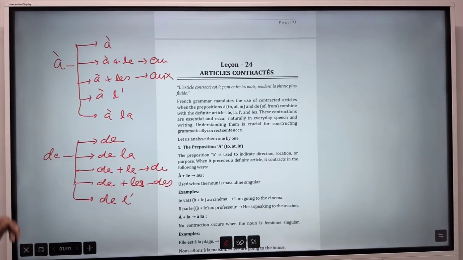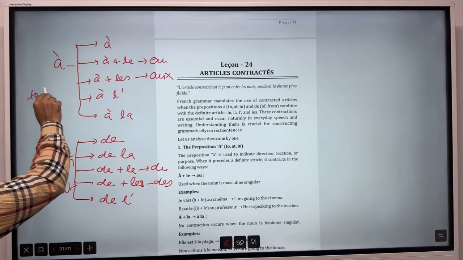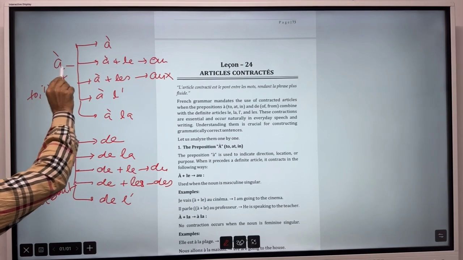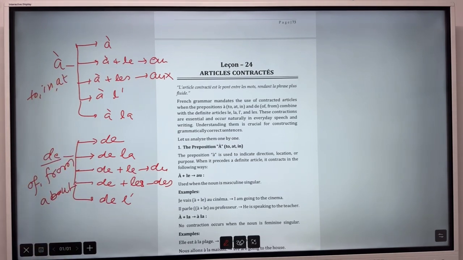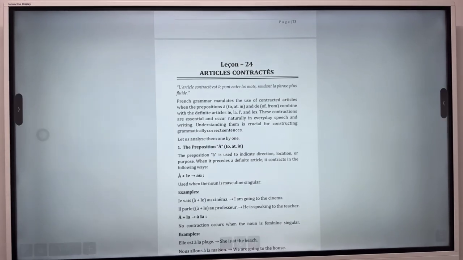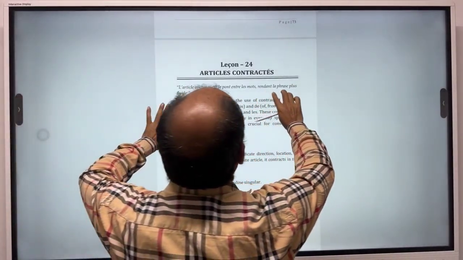So we will try to understand how to use these contracted articles. De means of, from, about. À means to, in, at. So according to the meaning, we will try to use them. Let's read it here.